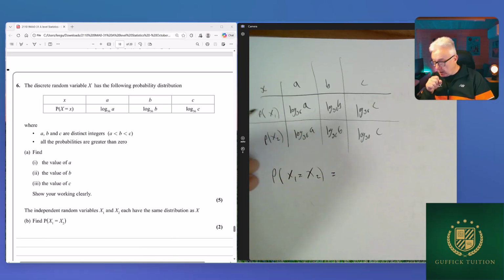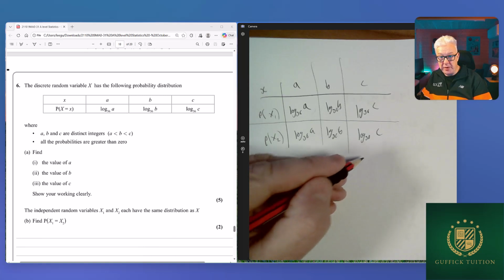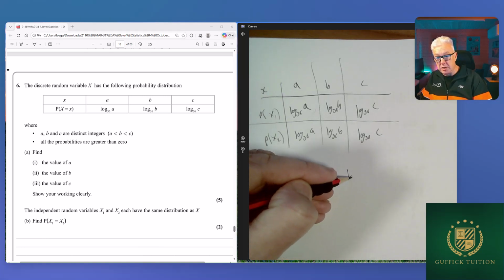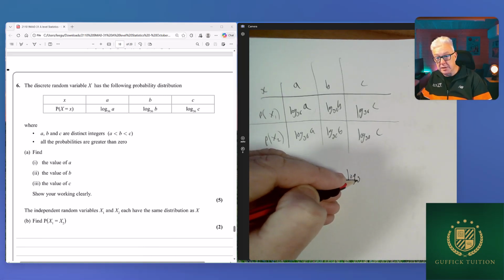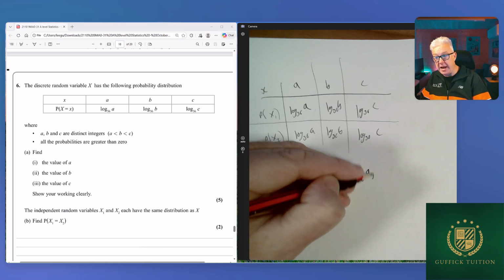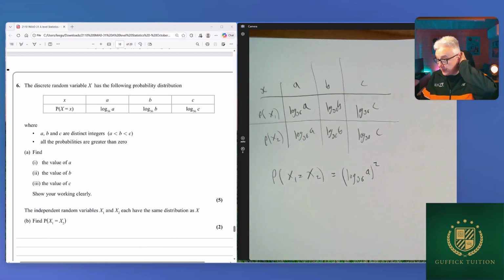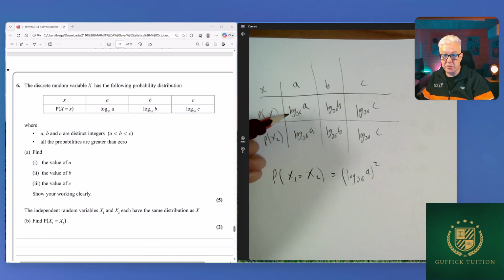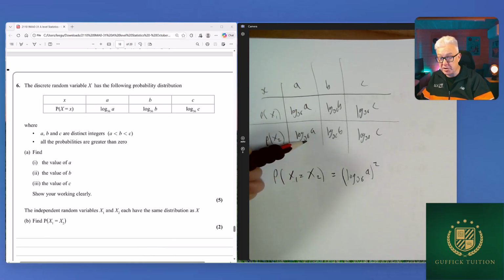And remember, in probability, when we think about 'and', we multiply. So we've got log to the base 36 of a, squared there.